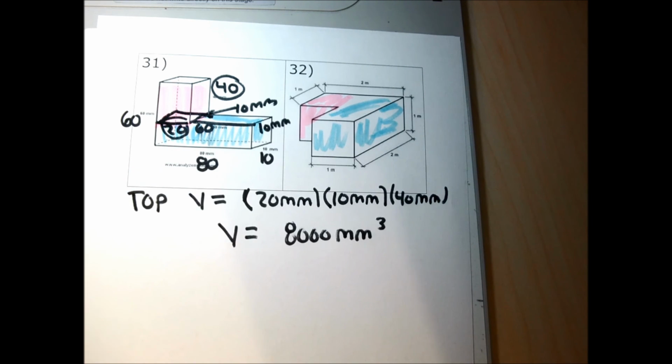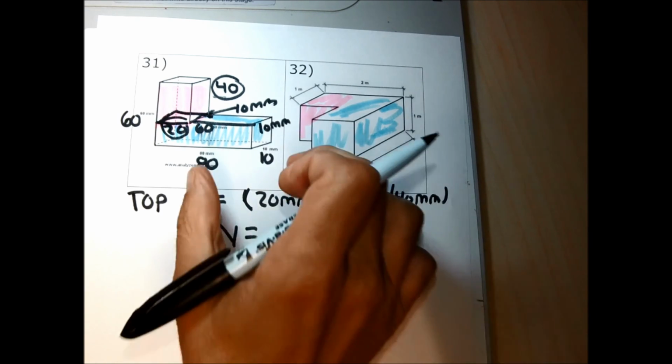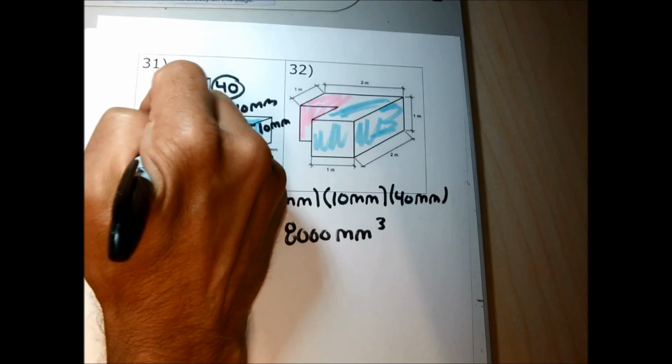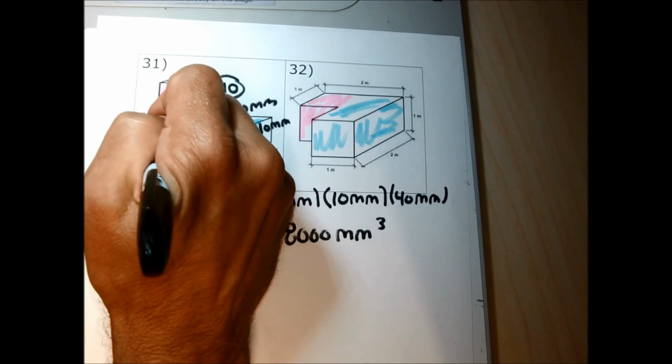The bottom in blue, I hope, is easier. Oh gosh, it's not so easy. I don't know if I cut this the best way, but I cut it the way I cut it, so I have to deal with it. So 2 of the lengths are easy for the bottom, the 80 and the 10. This distance right here is not so easy.